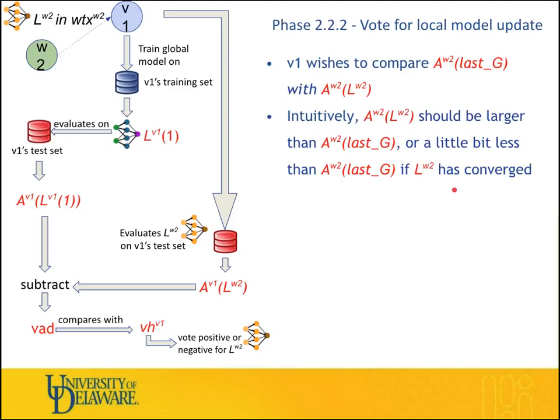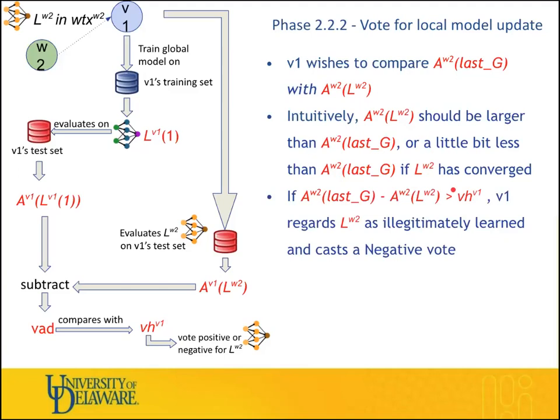The validator V1 could then determine a validated threshold value, VHV1, as a tolerance of this accuracy drop. If this accuracy drop exceeds this tolerance, then V1 would regard LW2 as illegitimately learned and cast a negative vote. Otherwise, LW2 was regarded as legitimately learned, and V1 cast a positive vote for LW2.